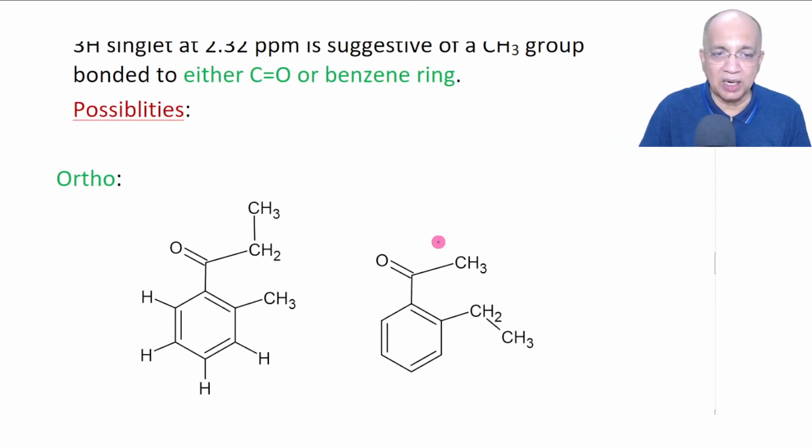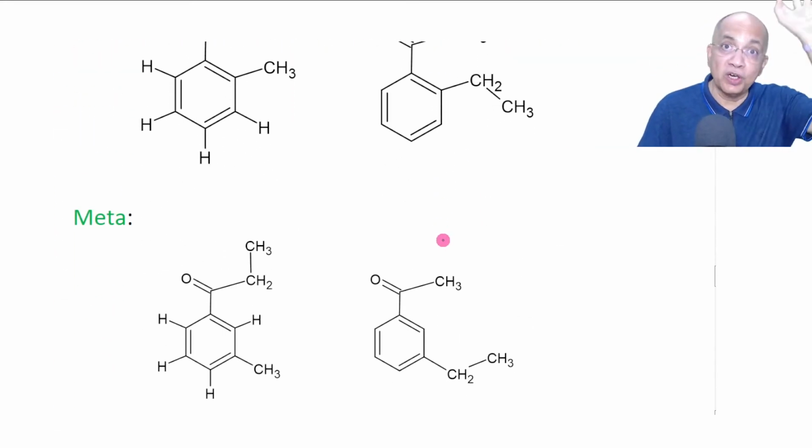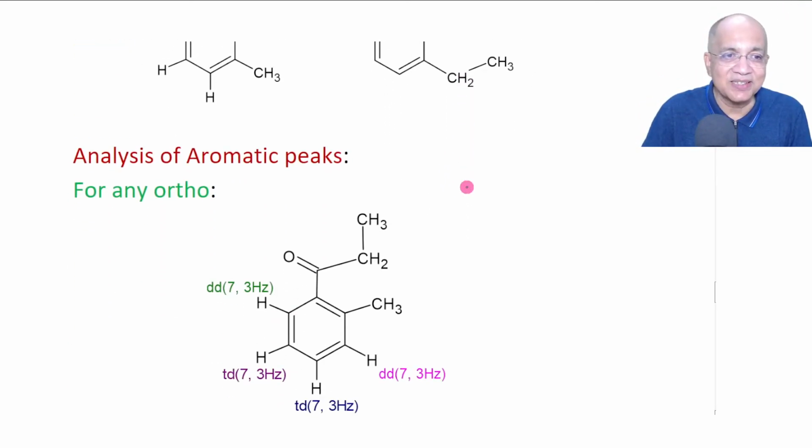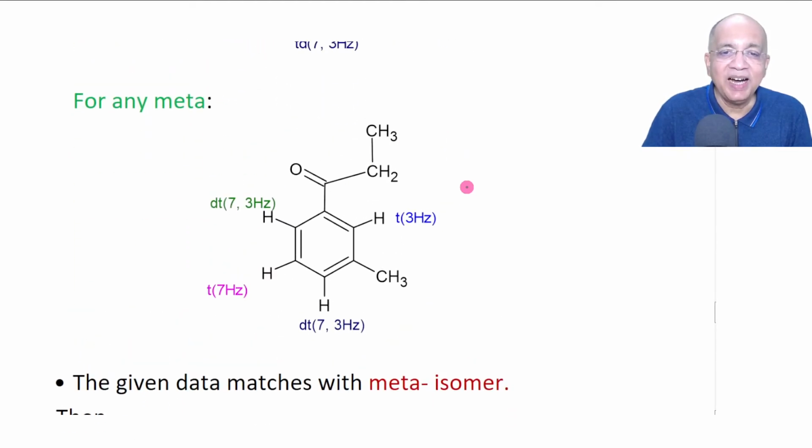Let us look to the meta. Para was already ruled out long ago. And now meta, yes. Meta, yes. This proton is J4 coupled, meta to the meta protons. Same coupling constant 3 only, so this will be a triplet, 1 plus 1, 2 plus 1, 3 triplet with coupling constant 3.